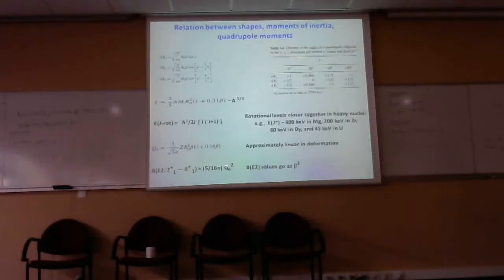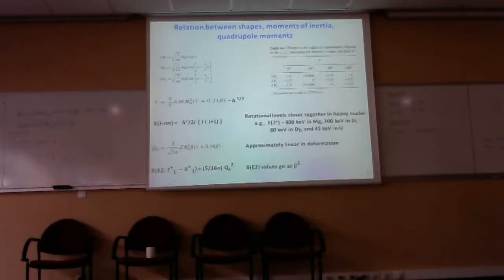Usually, I always think of the quadrupole moment as the diagonal matrix element. So the quadrupole moment of the ground state would be the diagonal matrix element of the ground state, and it's kind of the B2. So going from the 2 plus state to the ground state depends only on the quadrupole moment of the ground state.